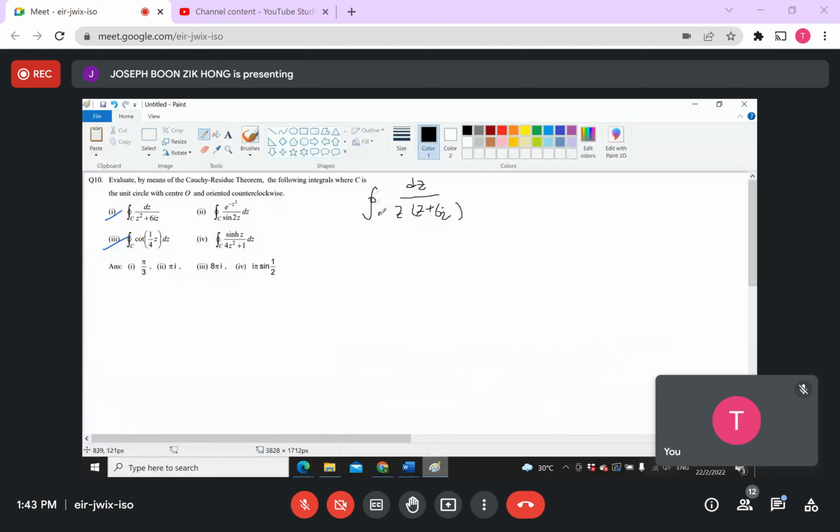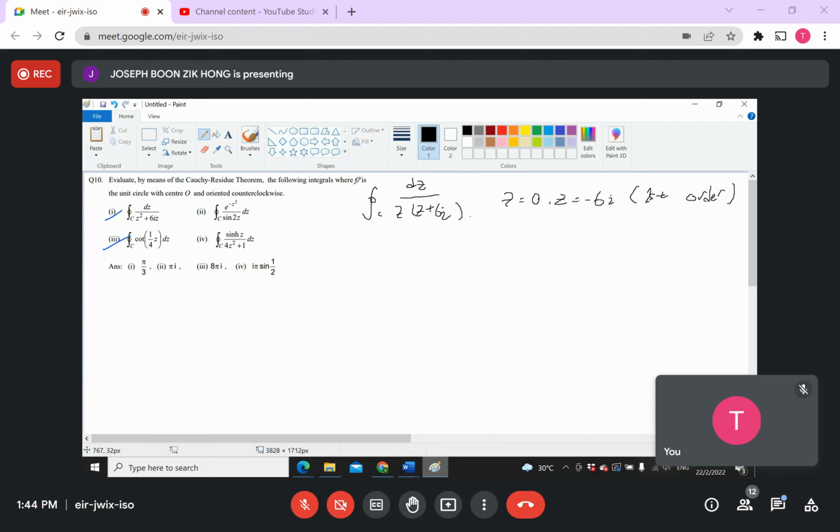Okay, so I see the simple poles are at z equal to 0 and z equal to negative 6i. Simple poles, so first order simple poles.